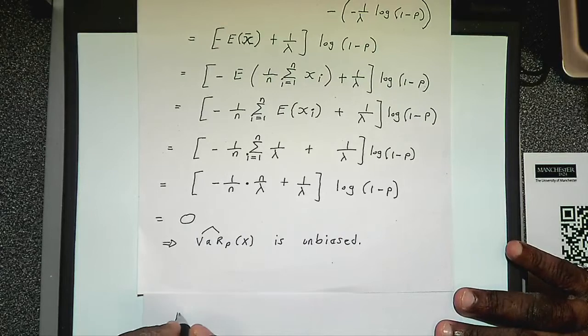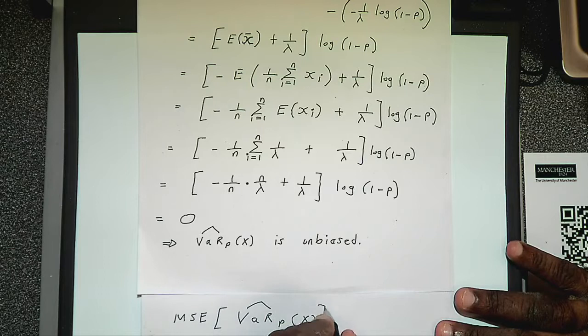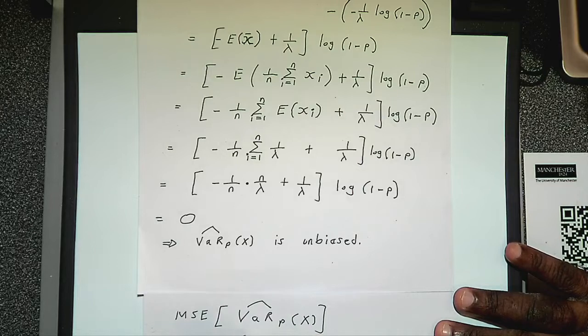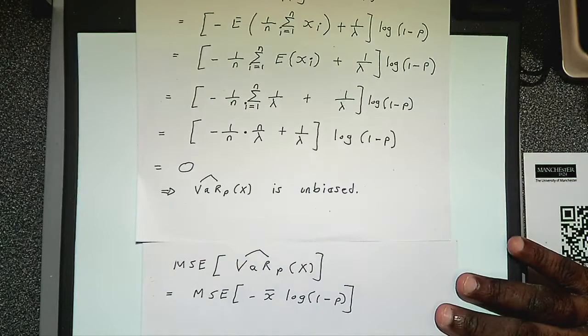So the MSE of VaR is going to be the MSE of minus x bar times log of 1 minus p. No, sorry.